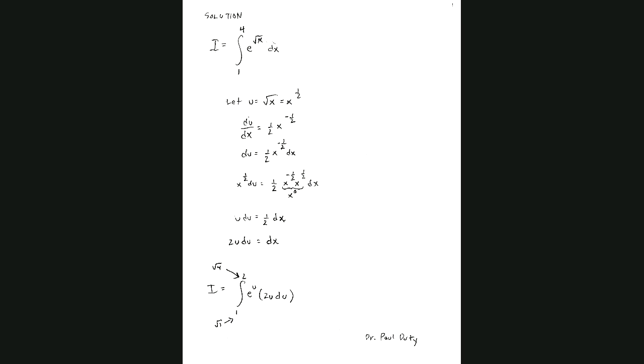Okay, here we're making the substitution. u equals the square root of x, which equals x to the 1/2 power. And then I take the derivative of u with respect to x. Using the power rule, we get du/dx equals 1/2 times x to the negative 1/2 power.